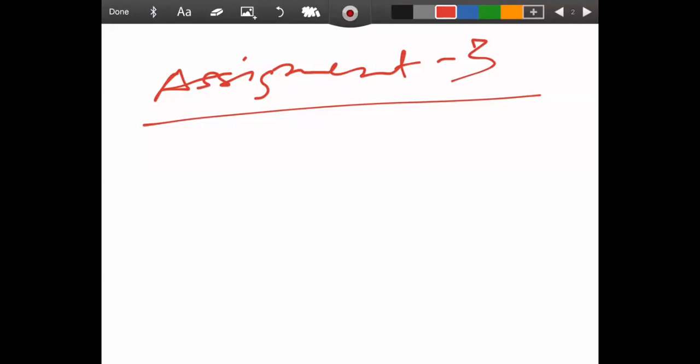During assignment 3, I'm going to give you a very simple problem. For example, for node analysis, one simple circuit, or let's say KVL, one simple circuit will be given under KVL law.